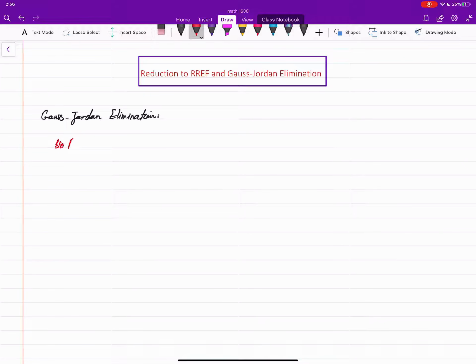Step 1. So we have an SLE, the system of linear equations or linear system. We write the augmented matrix of that. That's the first step. Step 2.